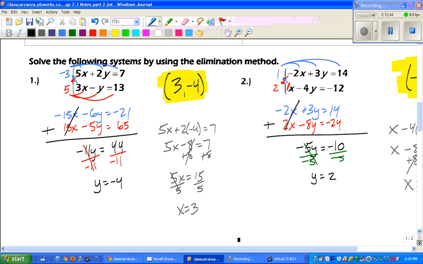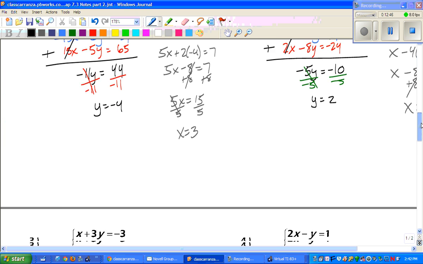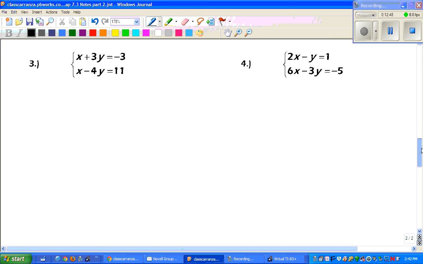Alright, let's go ahead and flip it over. Okay, now for number 3. Both of those have a 1 in front of it, okay? So when we try to cancel, they're both positive, so we make the top one negative to help cancel them out.